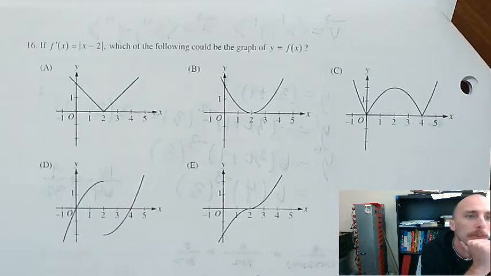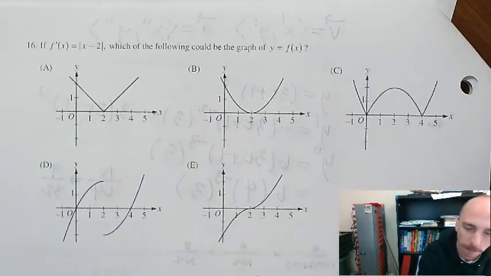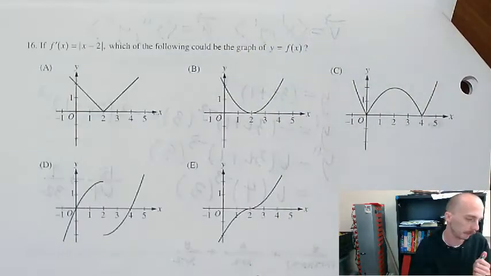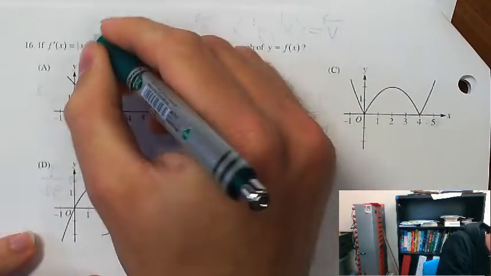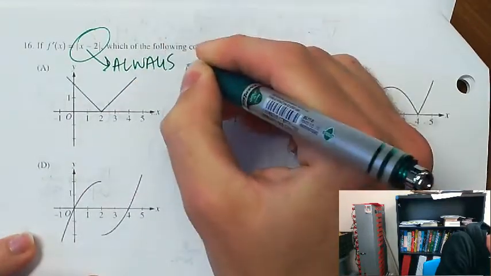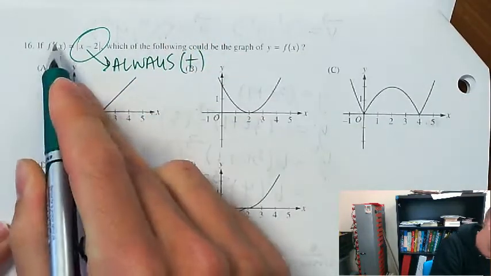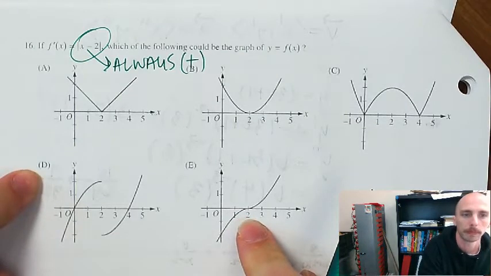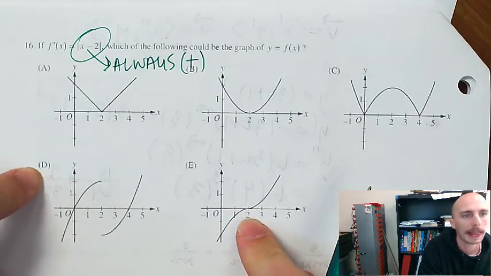So f prime is the absolute value of x minus 2, which could be the graph of y equals f of x. All right, before you go in there and let yourself get confused at all, think about an absolute value. That's always positive. Okay, f prime is always positive. So I'm down to these two right here. Okay, let's see.